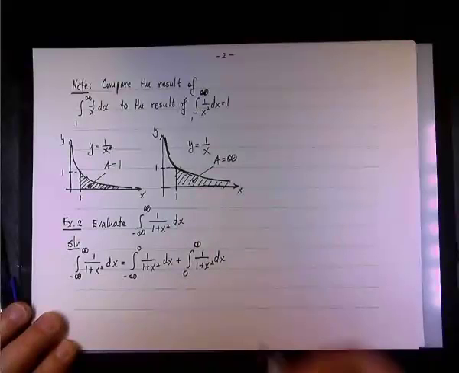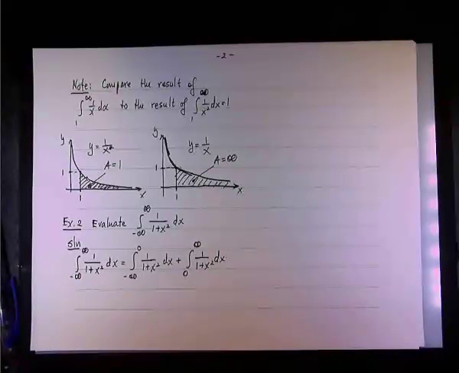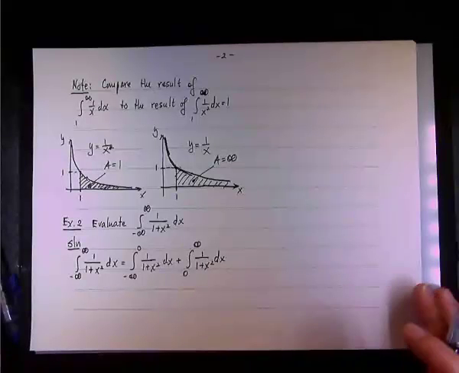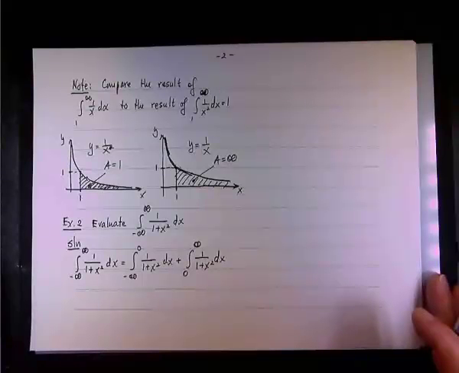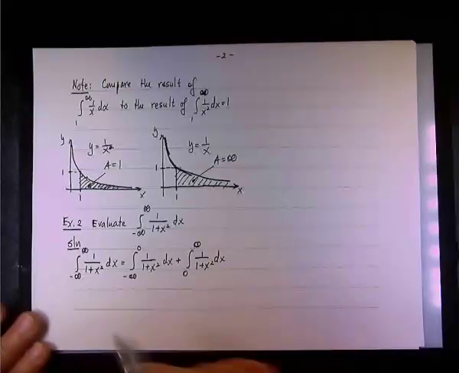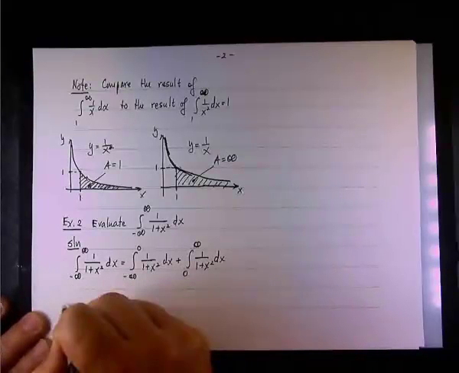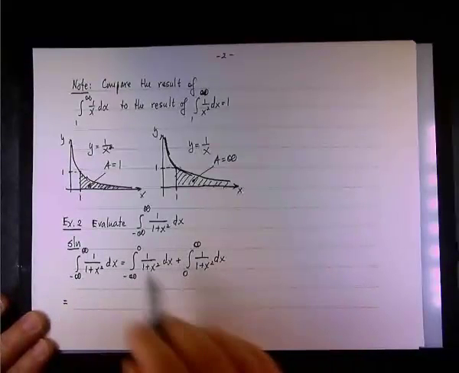So I'll go negative infinity to 0 and 0 to infinity. Essentially we're choosing something really convenient. As it turns out, you'll see that it doesn't matter in this case. I could have chosen 1 or 5 for that matter, because you'll see some cancellation here.